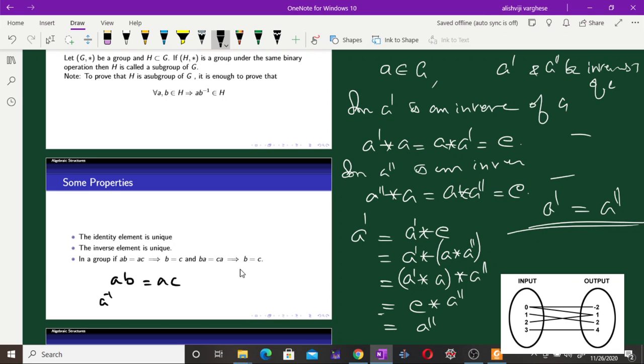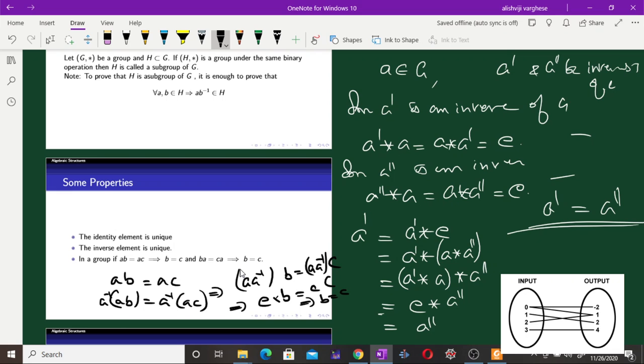So A inverse AB is equal to A inverse AC. And by the associative property, we have A inverse into B is equal to A inverse into C. Since A inverse A is E, it is E into B is equal to E into C, and E is the identity element, so we have B is equal to C.